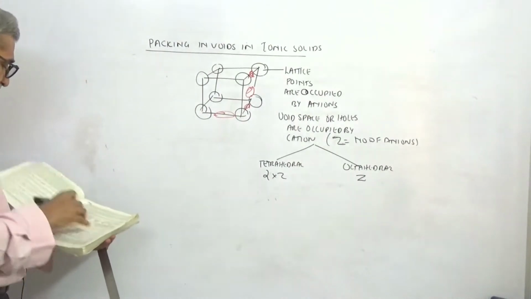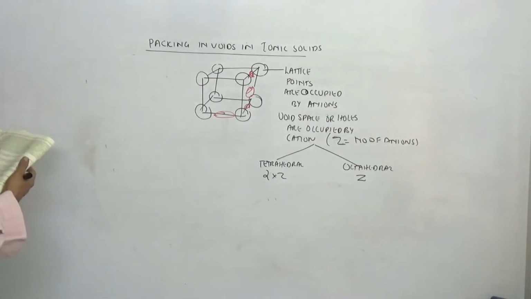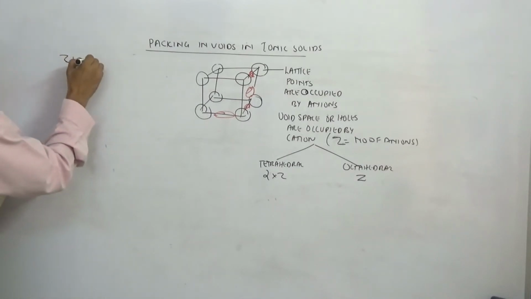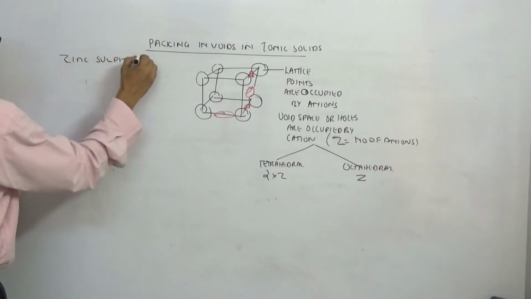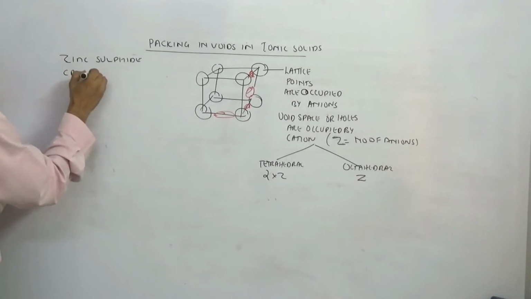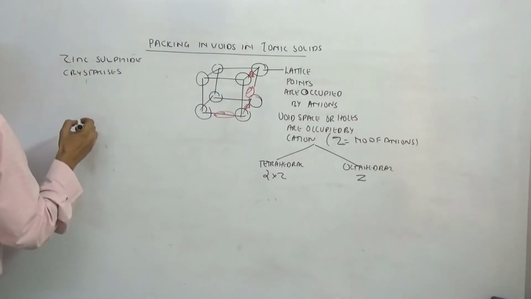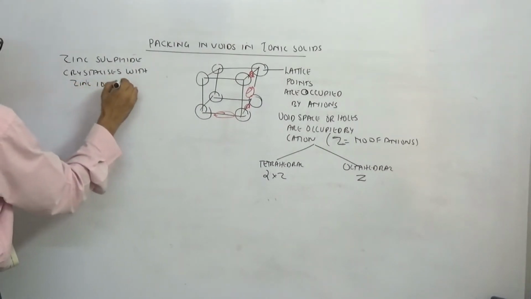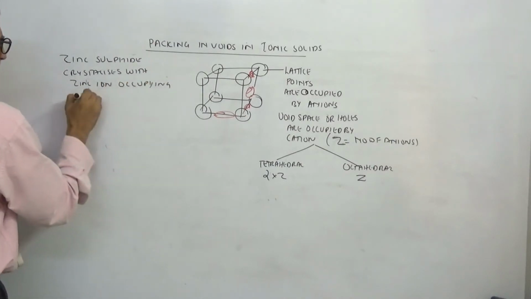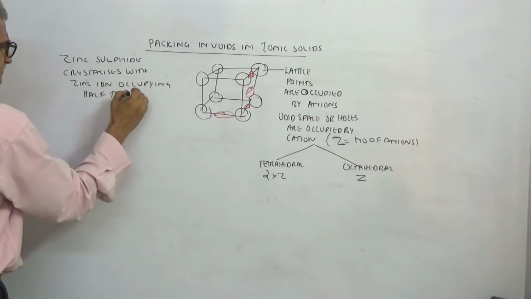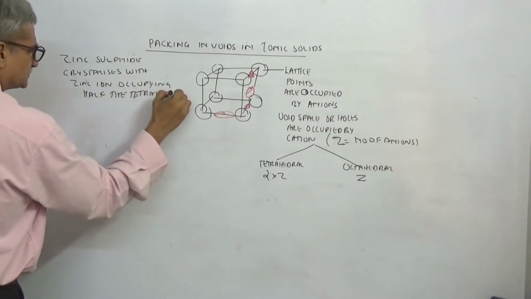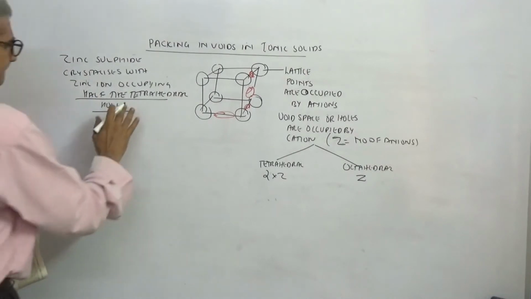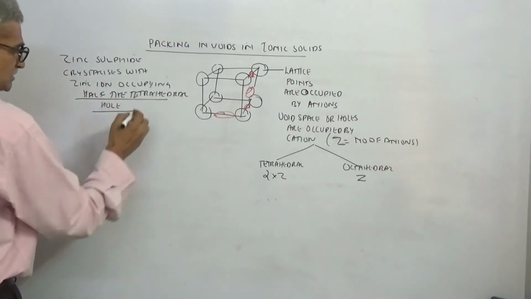One example I'll take now just for you to understand. See, zinc sulfide crystallizes with zinc ions occupying half the tetrahedral holes, or voids, in a closed packed array.